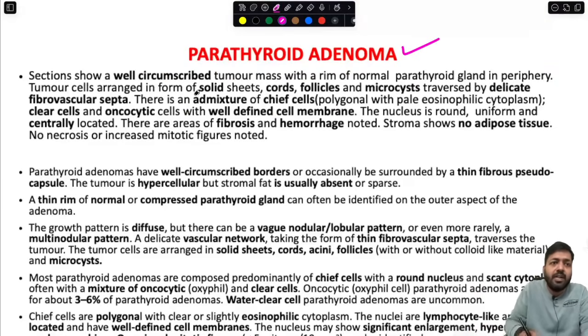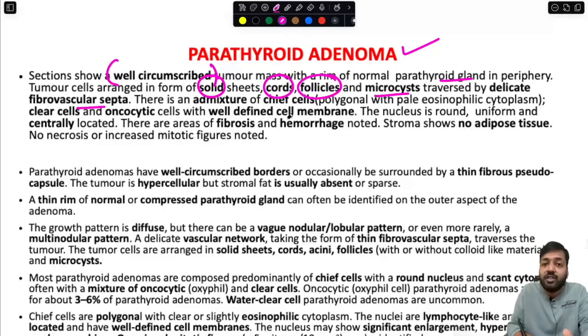Section shows a well circumscribed tumor mass with a rim of normal parathyroid gland in the periphery. The tumor cells are arranged in the form of solid sheets, cords, follicles and microcysts traversed by delicate fibrovascular septa.